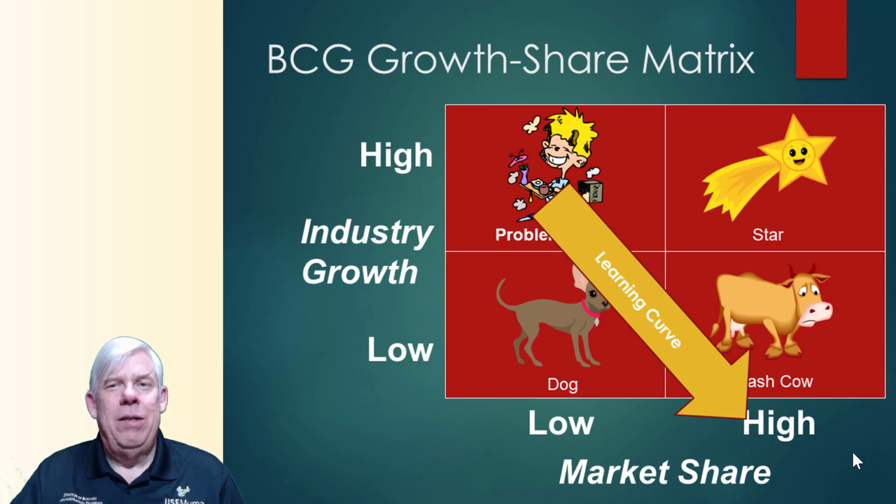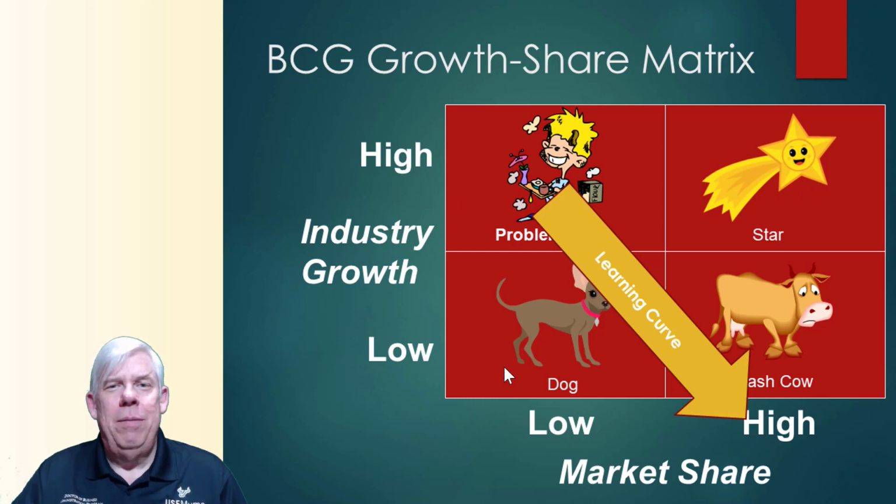Obviously, the best place to be is the high growth and high market share quadrant, which is referred to as the star quadrant. In that quadrant, what you would expect is that your market share will generate enough cash to support that high growth rate.